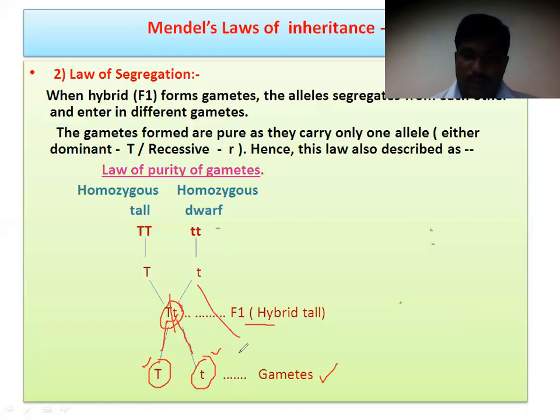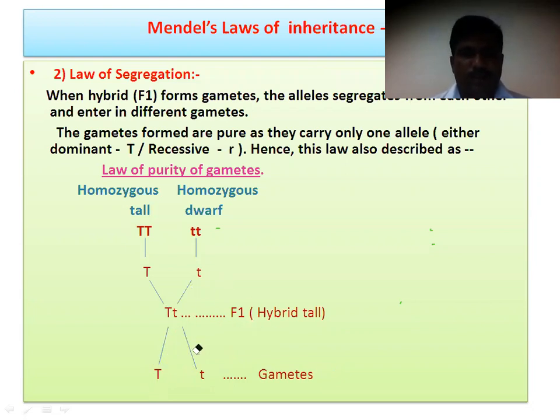Okay. I think we understood this law of segregation. Segregation means to separate: during formation of gametes, the genes or alleles separate from each other and enter into different gametes.